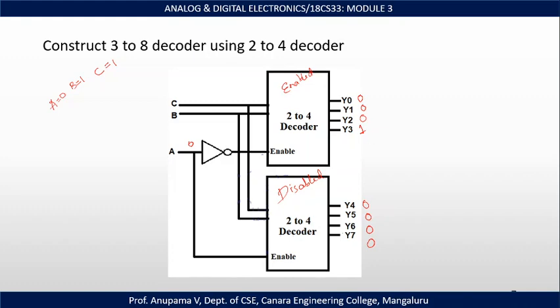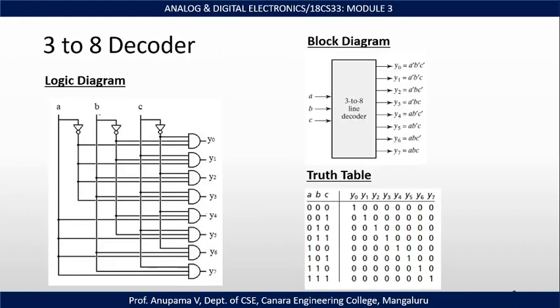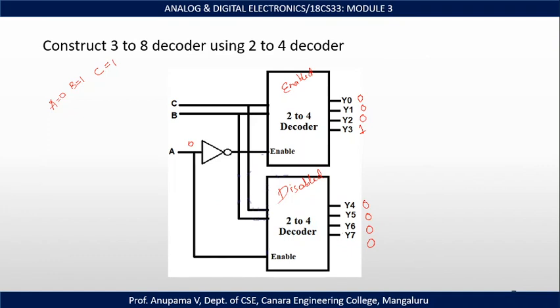So now in the truth table also only Y3 is activated, all the other remaining outputs are zeros. Hence successfully we have constructed a 3 to 8 decoder using 2 to 4 decoders.